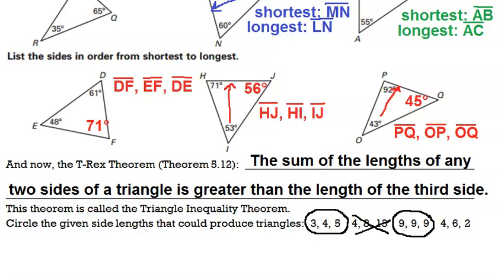4, 6, 2. Now, these numbers are out of order a little bit. So we probably need to take a quick look here and rearrange them, 2, 4, 6 instead.